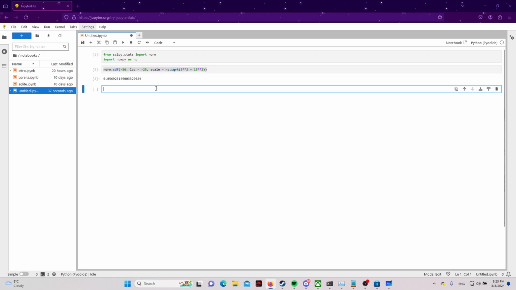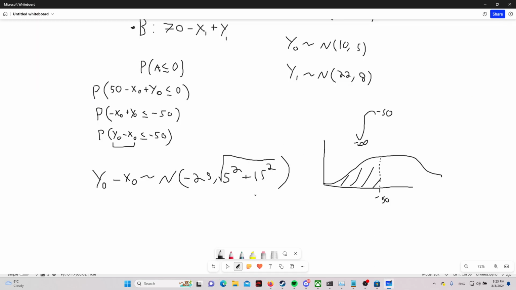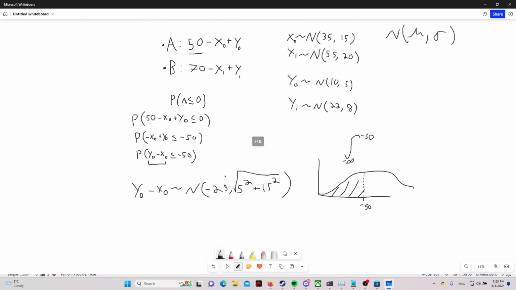And then we could do something very similar for B, which is pretty much the exact same case, except instead of 50, it'll be 70. So this will be -70. And of course the distributions are different. So let's just write that one down. So y1 minus x1 follows a normal distribution with mean 22 minus 55, what is that, -33, I believe. I'm very bad at mental math.